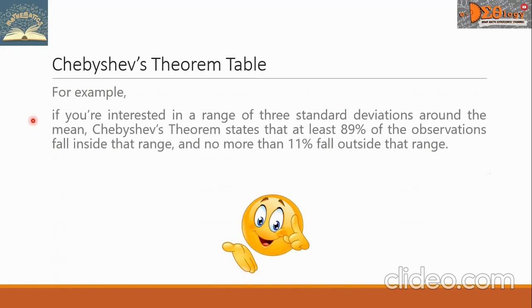For example, if you are interested in a range of 3 standard deviations around the mean, Chebyshev's theorem states that at least 89% of the observations fall inside that range, and no more than 11% fall outside that range.